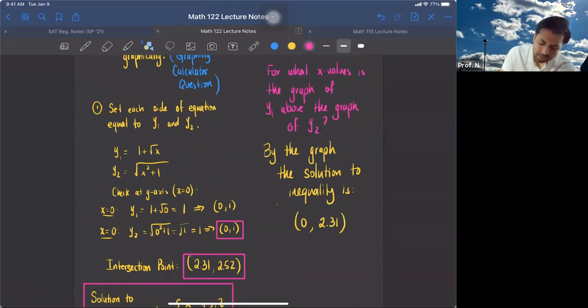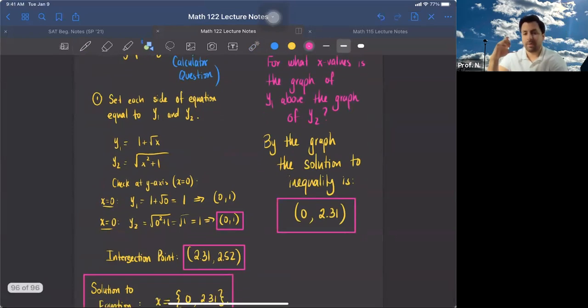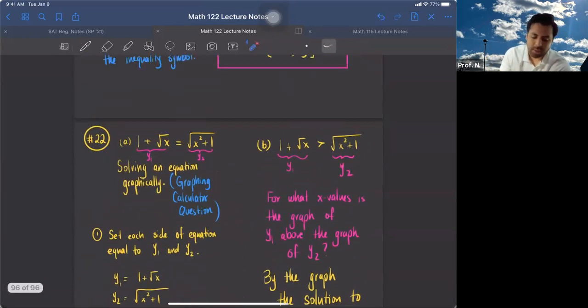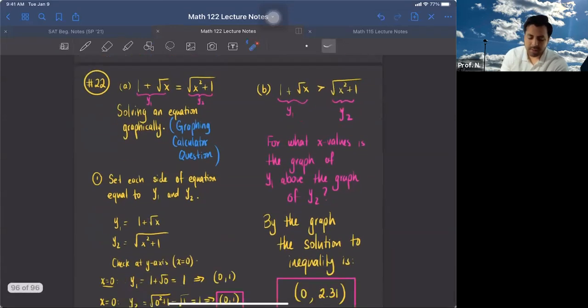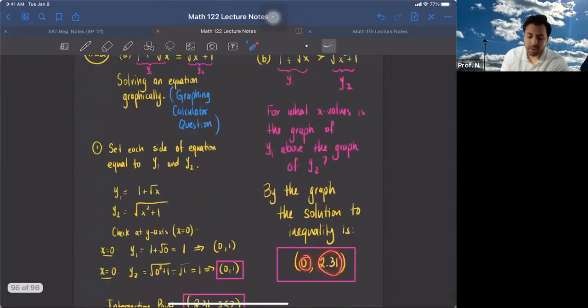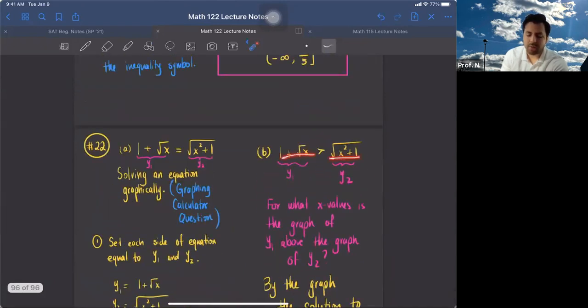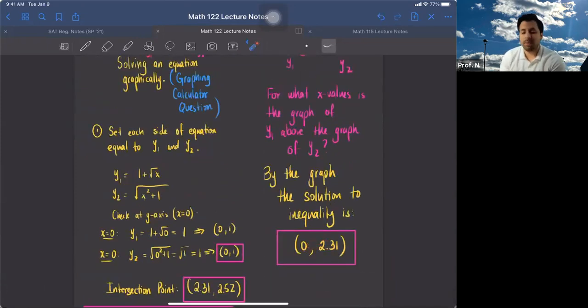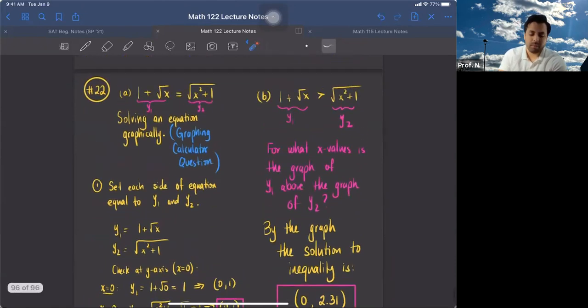And why are we not including the 0 or the 2.31 with square brackets? Because this is a strict inequality. It is not an equal sign. If I plug in 0 for x or 2.31 for x, then these two expressions would be equal, but I just want this to be greater than, so it has to be everything in between 0 and 2.31.